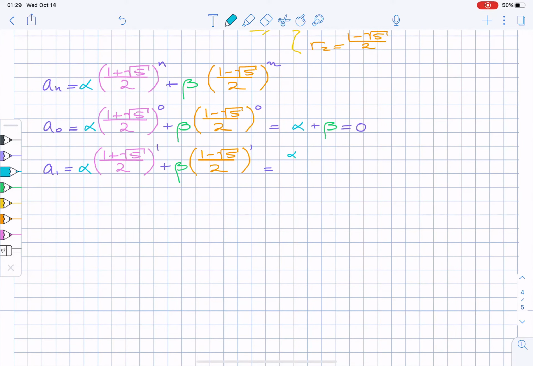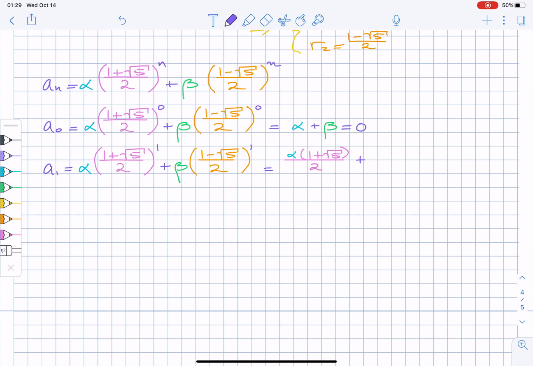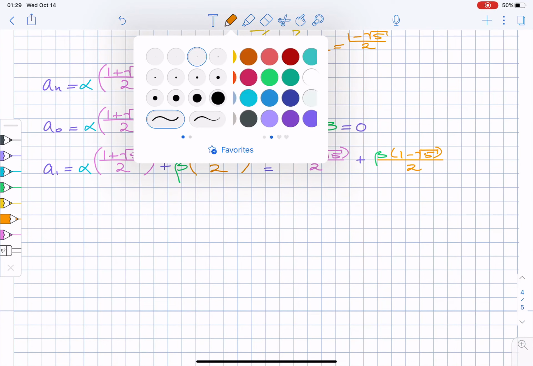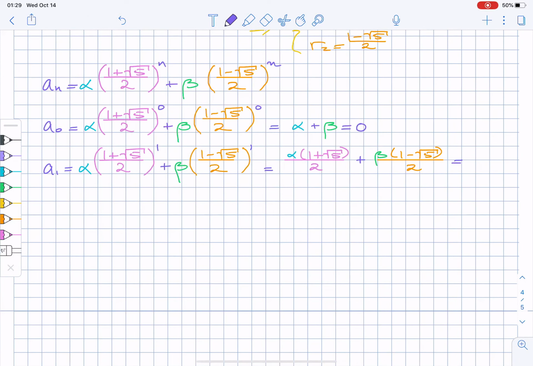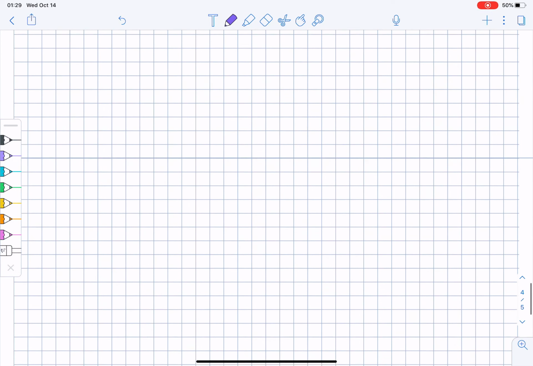So alpha times the quantity 1 plus root 5 all over 2 plus beta times the quantity 1 minus root 5 all over 2 is equal to, what was a1, the second term? It was 1. Okay, so 1.